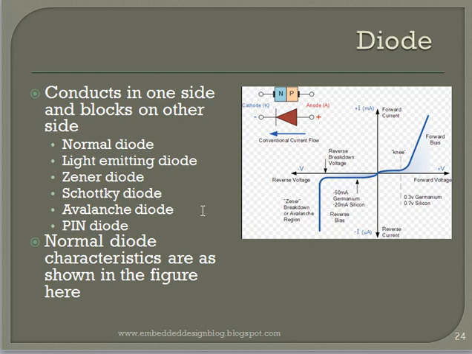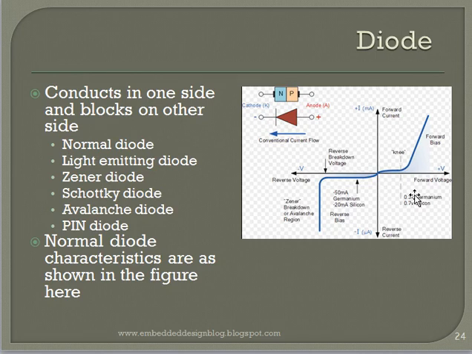When we are talking about a generic diode here, in the industry there are many diodes used in many electrical applications. To name a few: the light emitting diode, Zener diode, Schottky, avalanche, and PIN diode. So how is it different from the normal diode? The previous characteristics that we have discussed and the one shown here are the characteristics of the normal diode.